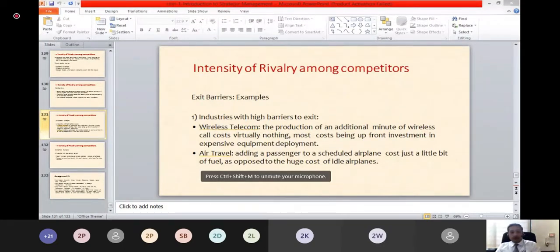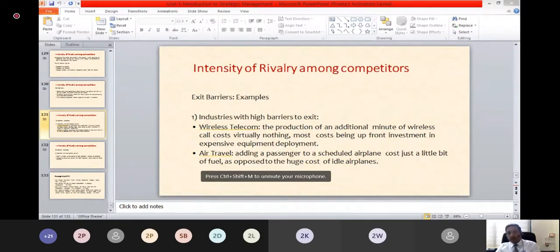Another example is air travel. Adding a passenger to a scheduled airplane costs just a little bit of fuel, as opposed to the huge cost of idle airplanes. So a single passenger added to an airplane will not cost much to a company.